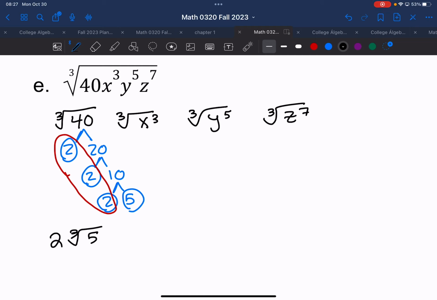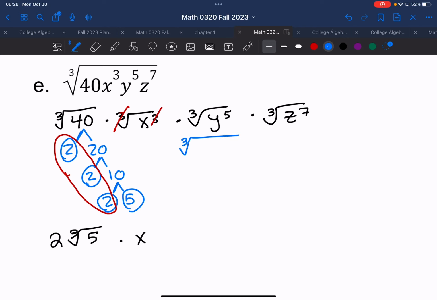What do we see that's happening on that second part? What's the cube root of x cubed? X. Why? Good. These cancel. So that means we're just left with x. So times x, 'cause remember, all these are being multiplied. Okay. How could we simplify the cube root of y to the 5th? How can we rewrite y to the 5th?